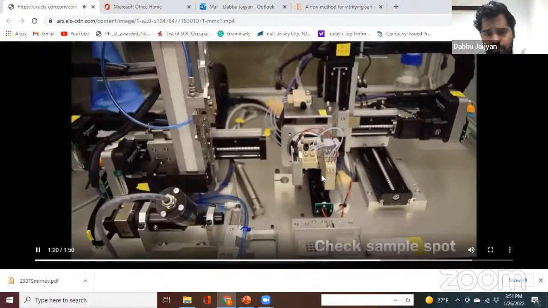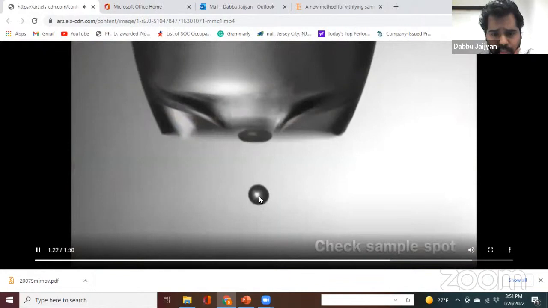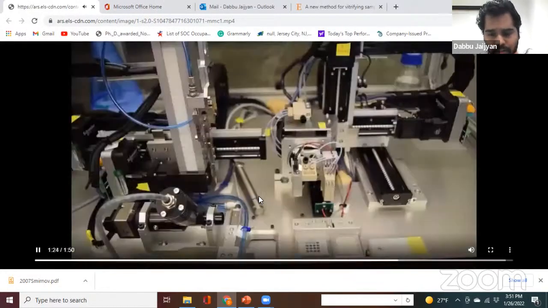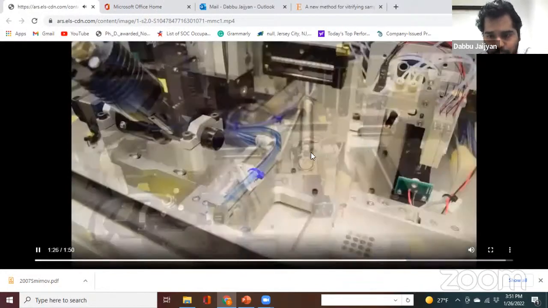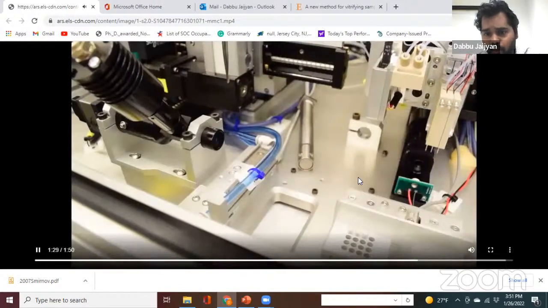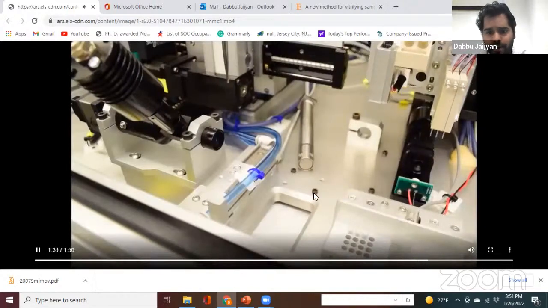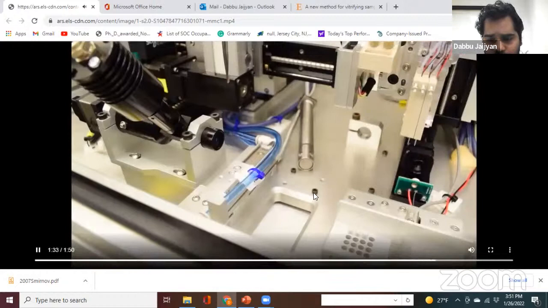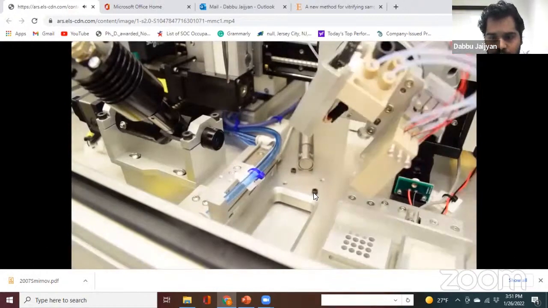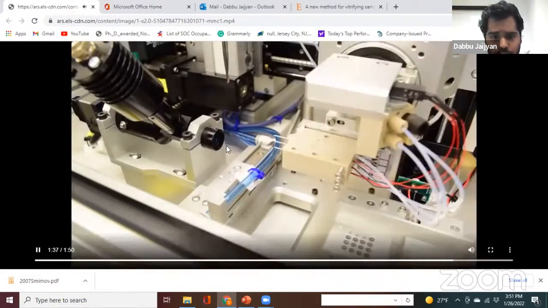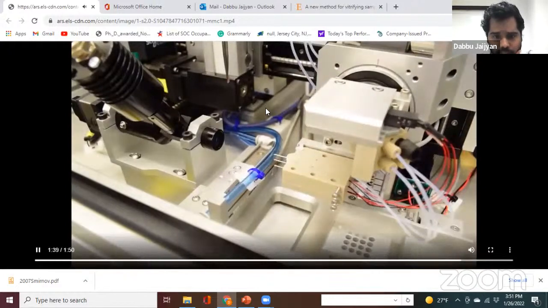Now, so this is the drop of this. I will explain what that is. Now it will become horizontal, this is a vertical direction. Now it will go into the horizontal direction to load the samples. It will go close to the grid. So this grid is here.